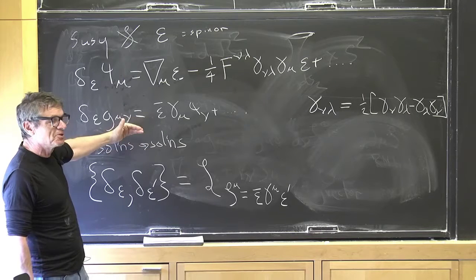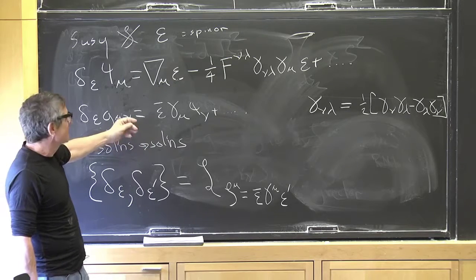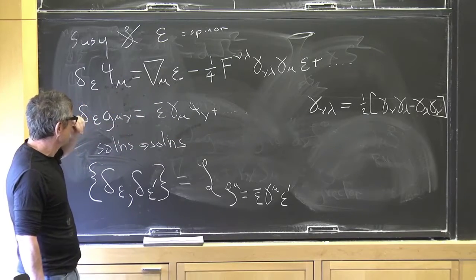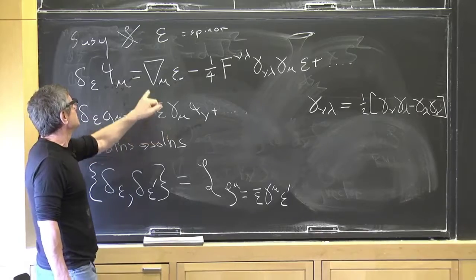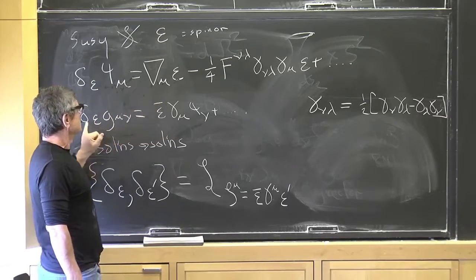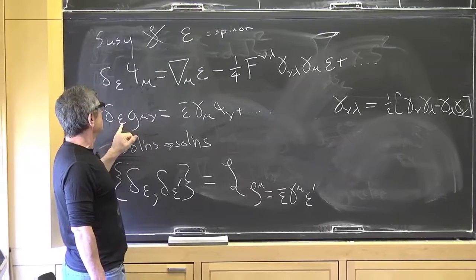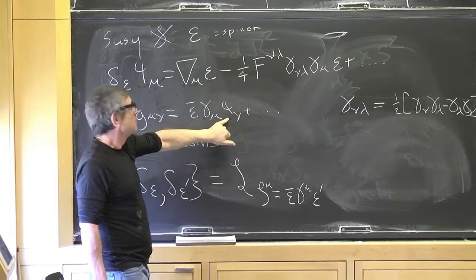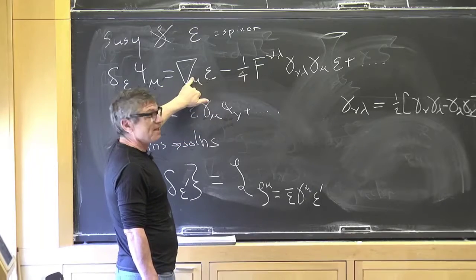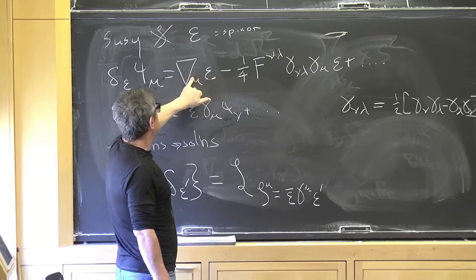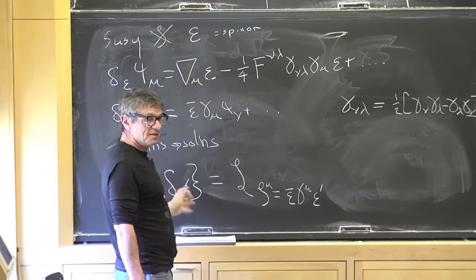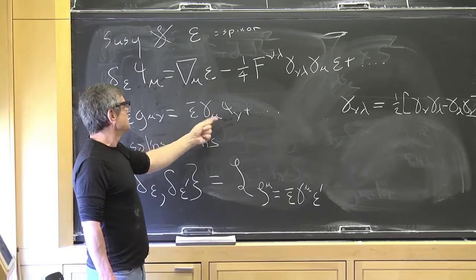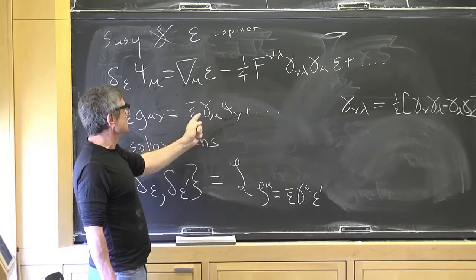You have to write it out in a little more detail, that if you, in fact, iterate, I mean, you have to write down A, and actually maybe not, to just get the transformation on the metric. So if we take delta epsilon G mu nu and we get this, then we vary this again, we get a derivative on the epsilon, and then we take the anti-commutator of it, it's clear to see that you'll get something on the right-hand side.